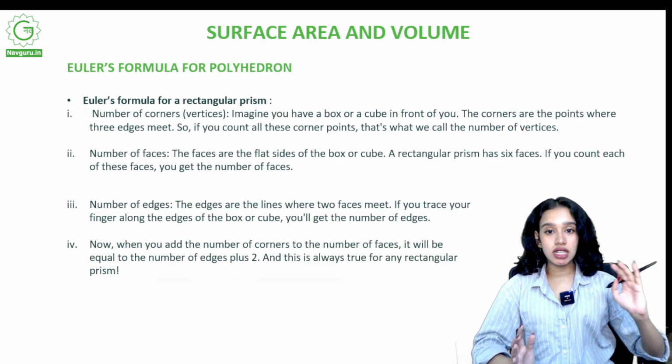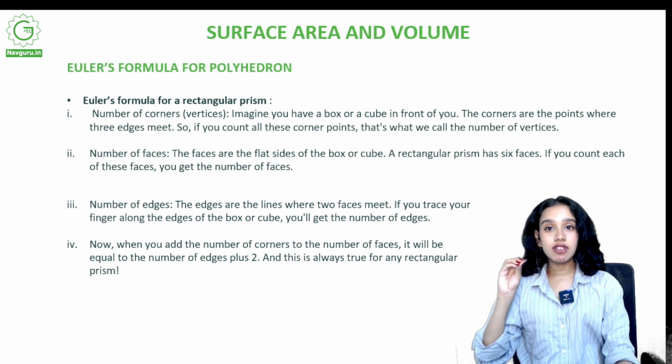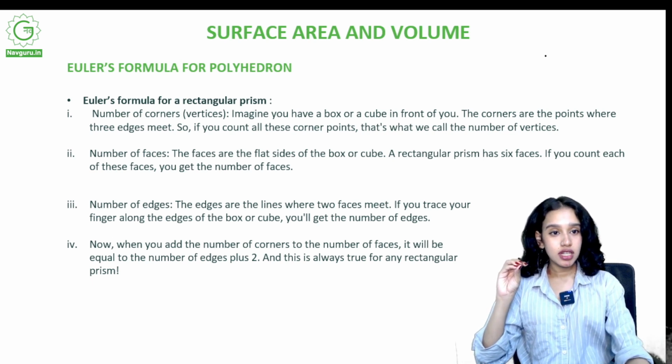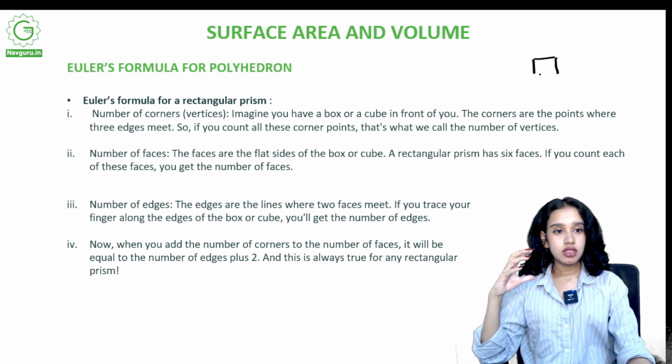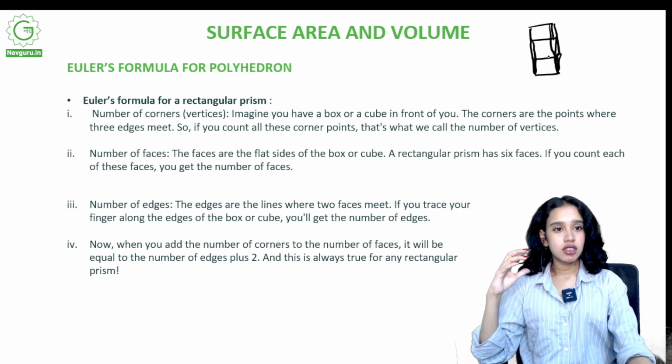So let's move on to the next thing, which is a rectangular prism, right? So what is a prism? Prism is basically something we have actually seen, like a kaleidoscope or something, right? So prism is basically this, right?